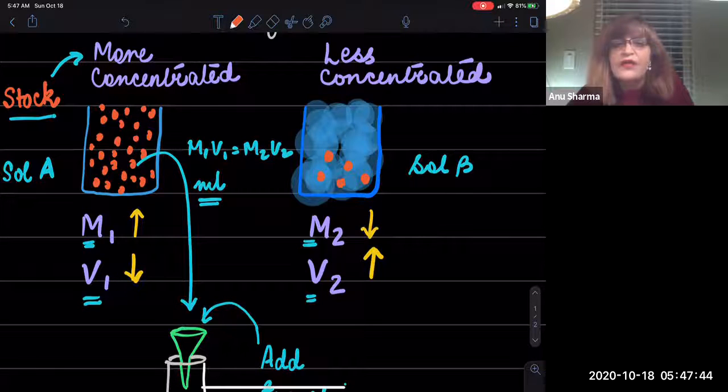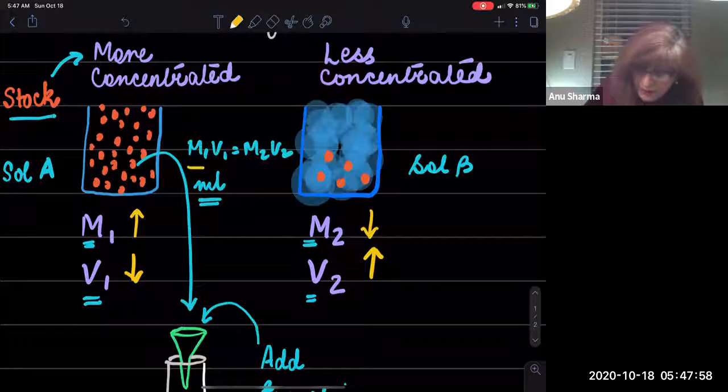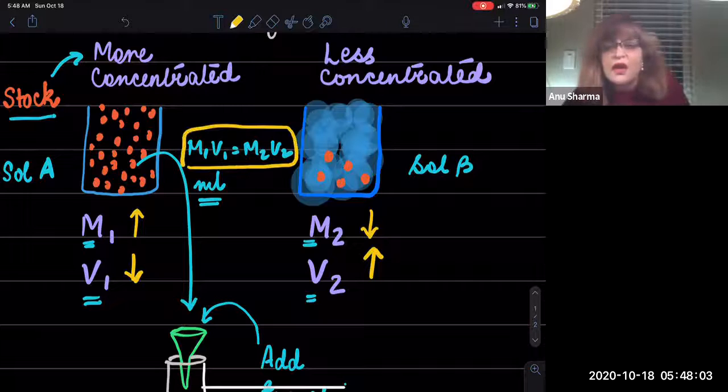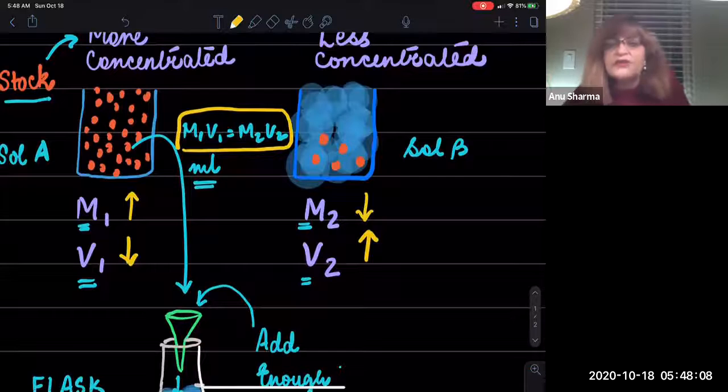So the value of M1 is higher, V1 is lower. A small volume is taken out. How much depends upon the formula, and the formula is M1V1 is equal to M2V2. Once you get that, you are going to get a solution which is much lower in molarity. So the M2 value is going to be lower and the V2 value is going to be higher. The volume is going to be much larger.